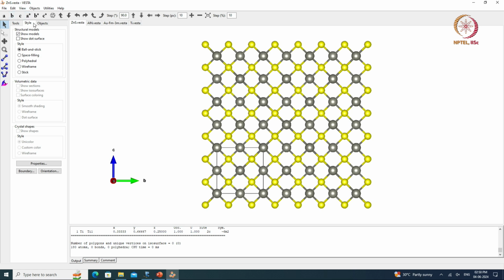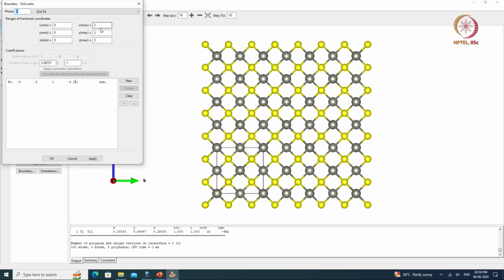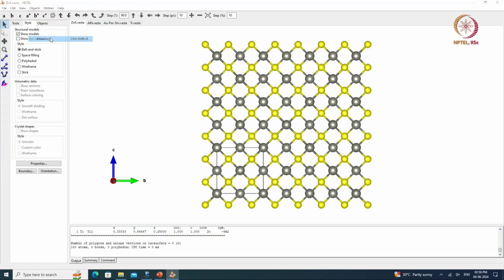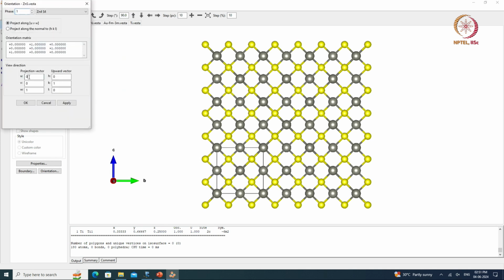Now if I see it along the 1 1 1 axis, I am going to change the orientation. In my visualization, the projection vector is going to be 1 1 1, and I have to give a vector which is in plane, the upward vector, which is going to be 1 minus 1 0.